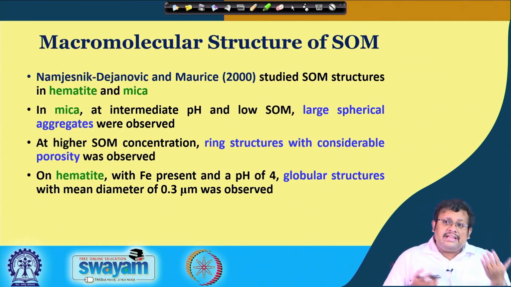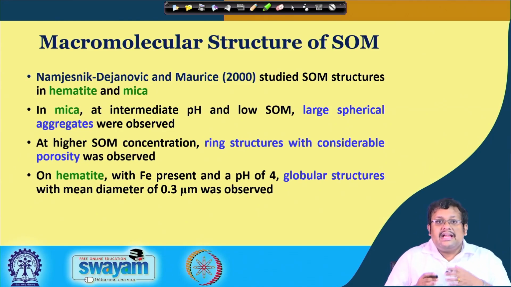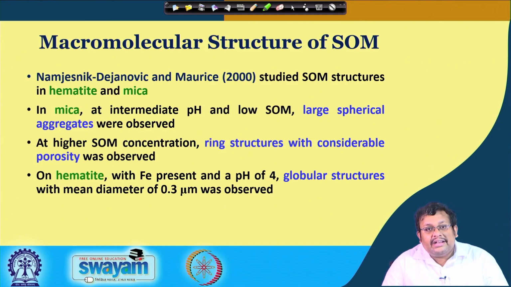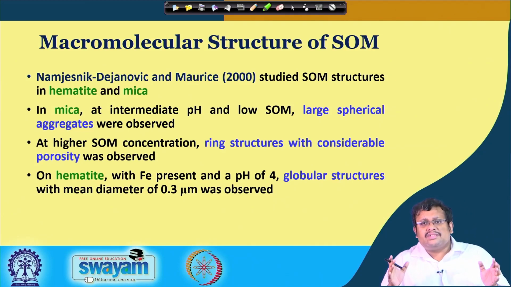On the other hand, in case of hematite with iron present and a pH of 4, globular structure with mean diameter of 0.3 micrometer was observed.